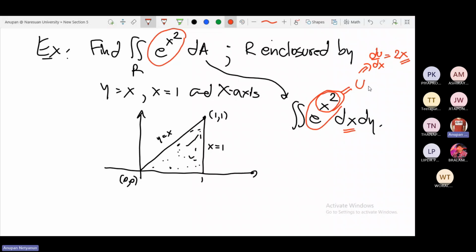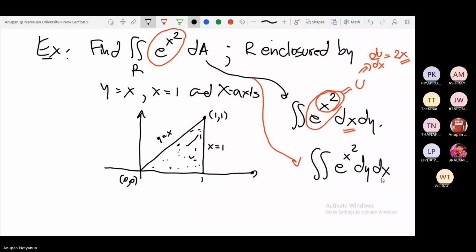So that means this function tells me that if I do integration with respect to x first, it will not work. So I have to change this to the double integration of e to the x squared dy, followed by dx.